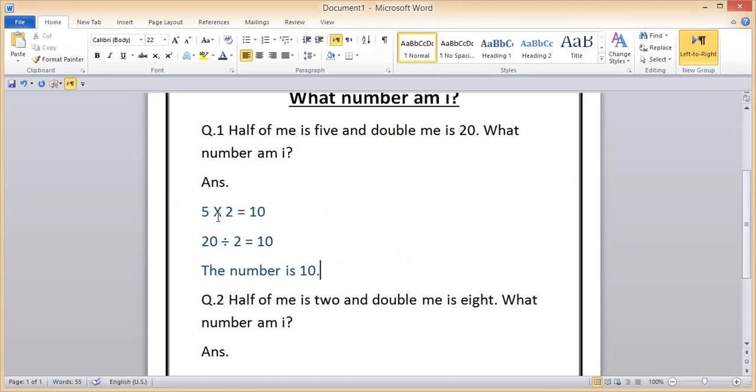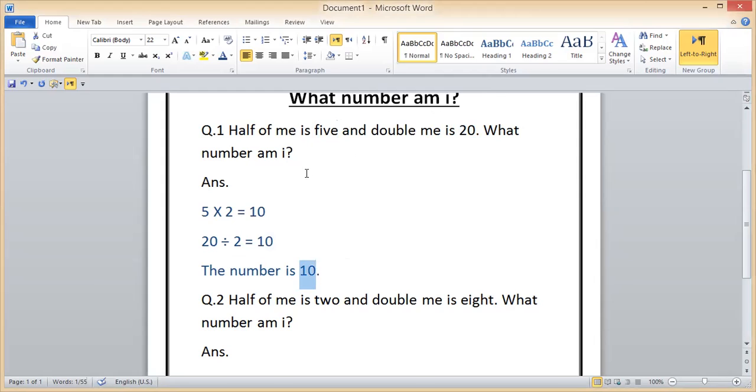The number is 10. Even in the test, if you find out by only one way, that will be okay, because you found the number. Clear? So the number is 10. If you find half of that you get 5, and double of that you get 20.